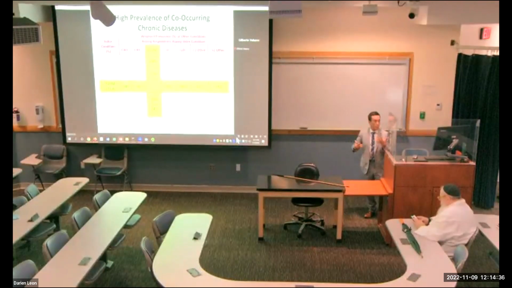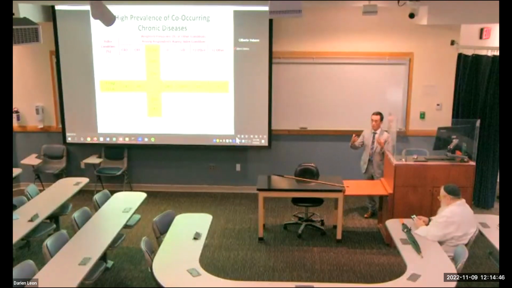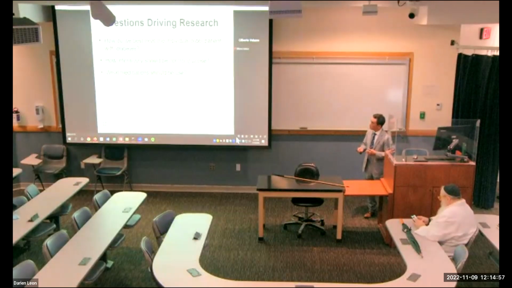You can see the majority of people have at least one other condition when they have diabetes, and a quarter have at least two. These numbers are likely underestimates of the level of co-occurring diseases among older people with diabetes. So when we talk about diabetes in older adults, we're really talking about how we deal with the co-occurring diseases.